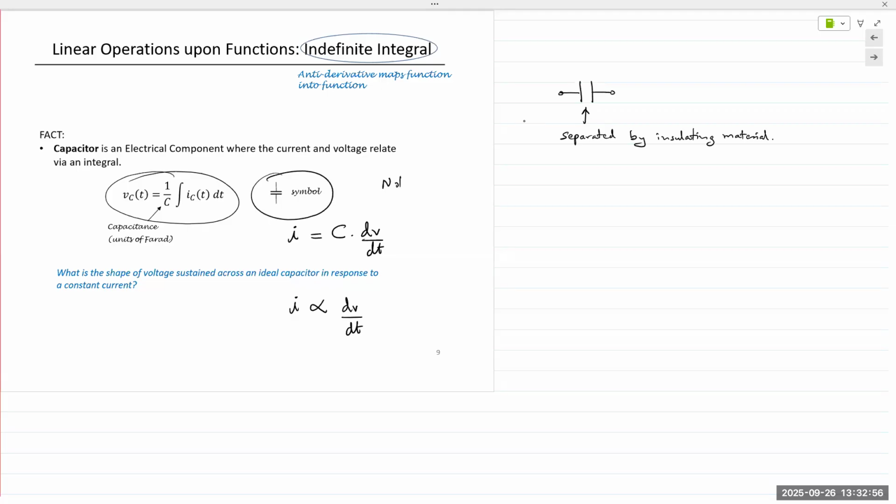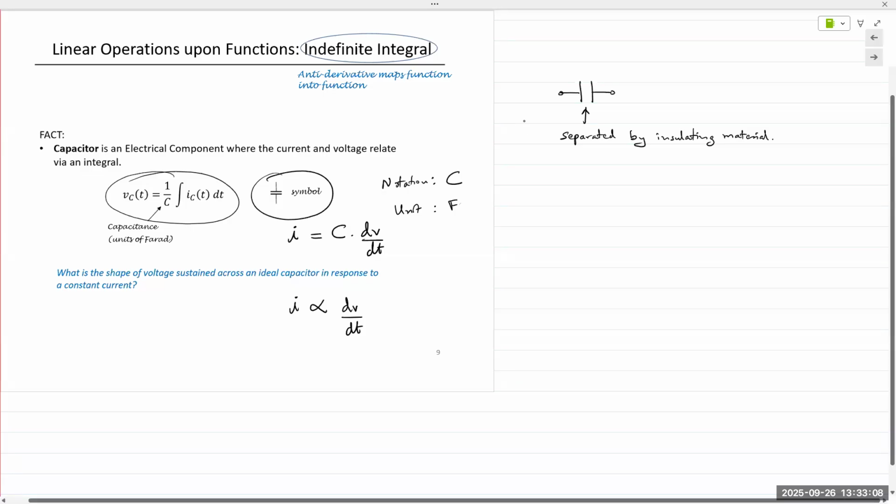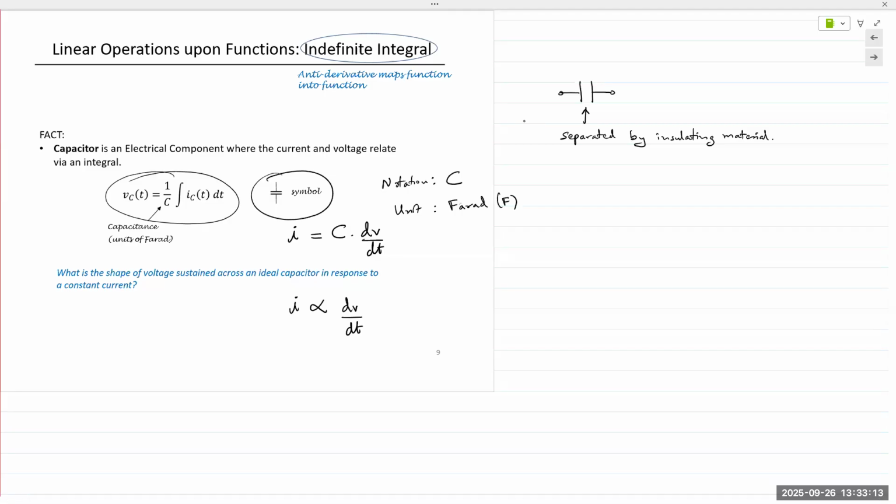The notation is uppercase C. The unit is named after Michael Faraday, and it is known as a farad, or uppercase F. Typically, these are on the order of microfarads, nanofarads, or even picofarads. Typically, they're very, very small and tiny.